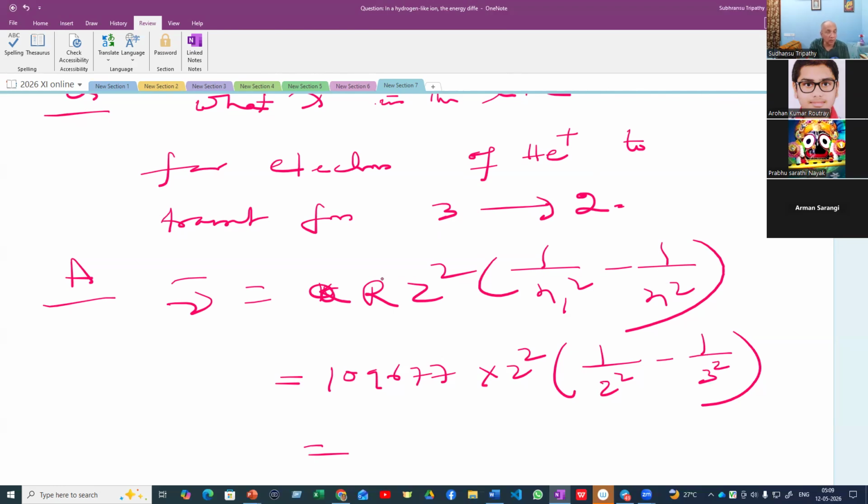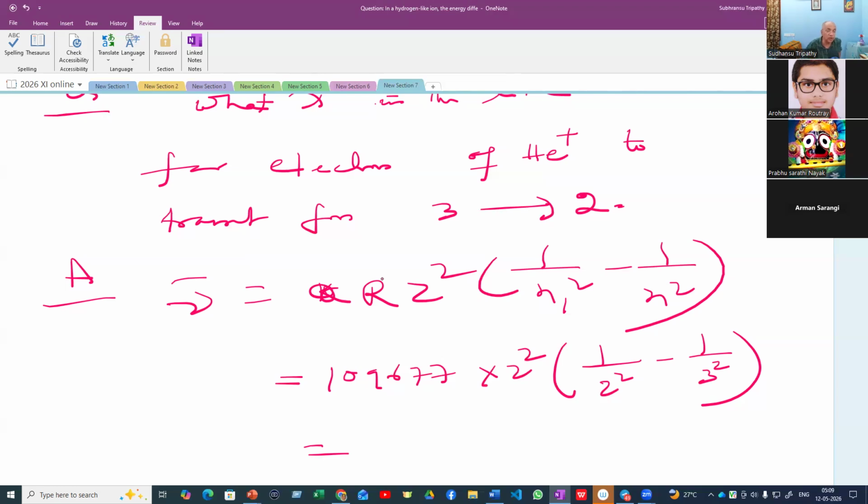We may not call it a Balmer series, because Balmer series, Paschen series, these are named for the hydrogen spectrum. But the equivalent line of the Balmer series in He plus will not fall in the visible region. In some questions you may find, what is the wavelength of the first line of the Balmer series for the He plus spectrum. So they give the same name for other species, but actually those names are meant for the hydrogen spectrum.